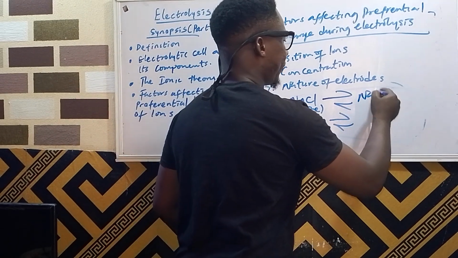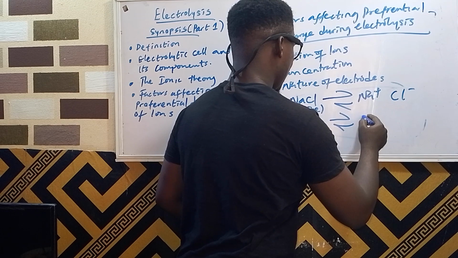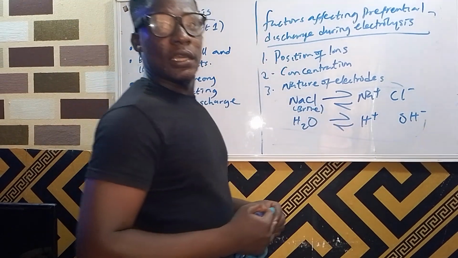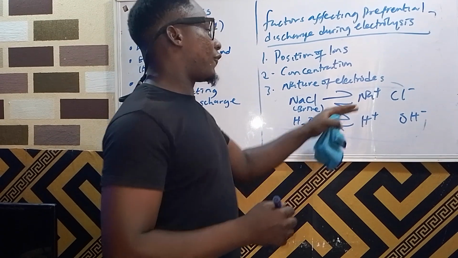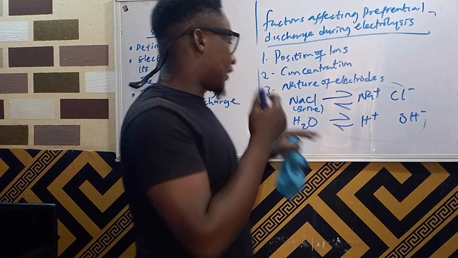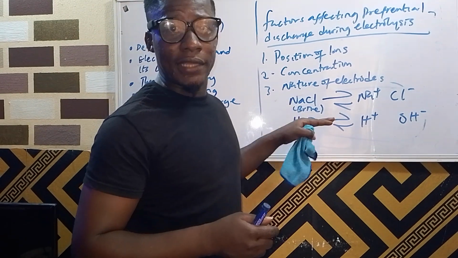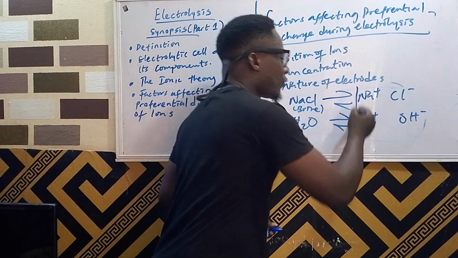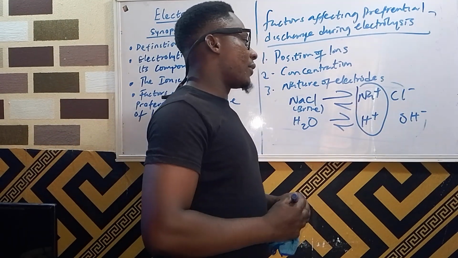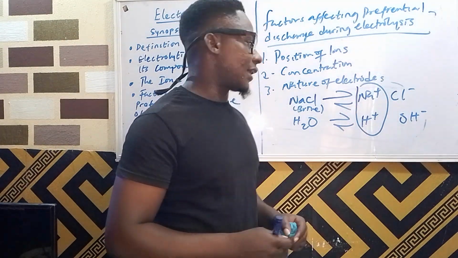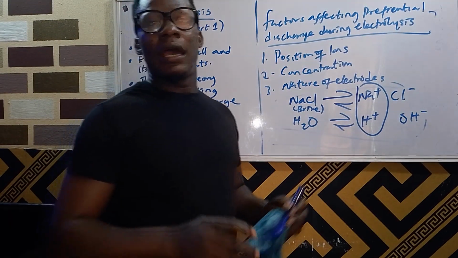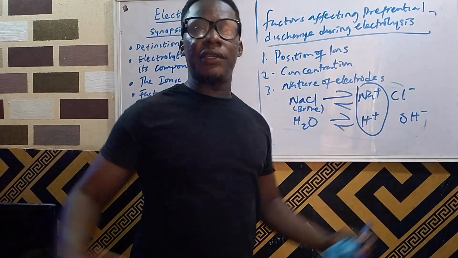You have Na plus again, Cl minus, H plus, OH minus. Now when we want to consider, don't forget that this sodium and chlorine are concentrated because we are looking at concentrated sodium chloride. In order to pick the one that will be preferentially discharged, for instance, sodium and hydrogen are far apart in the activity series.